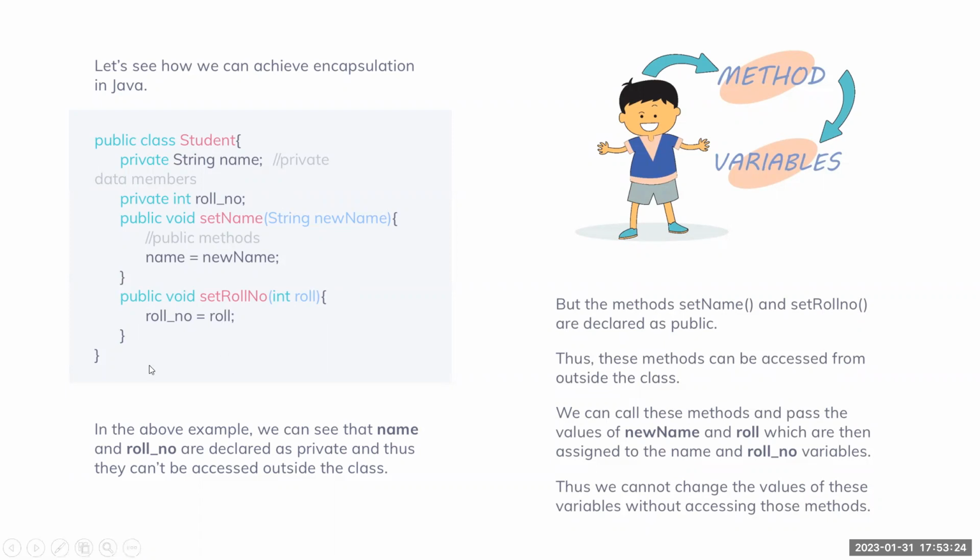So in the above example, we can see the name and roll number are declared as private, as we learned above. Variables will be declared as private, and the methods will be declared as public, so that you can access those methods outside of the class, and the private variables will not be accessed outside of the class.